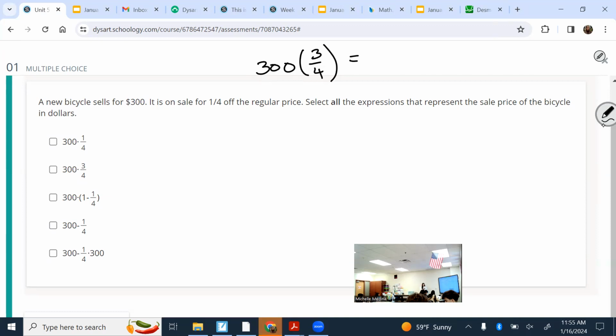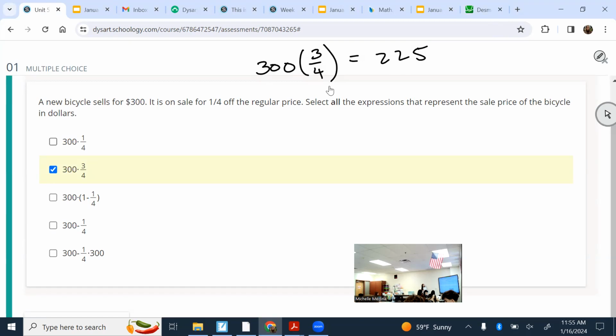So that's 300 times 3 divided by 4. It's on sale for $225. So let's see if this one has what I already have, which is like right there. And then see if any of the others will also give me this answer.